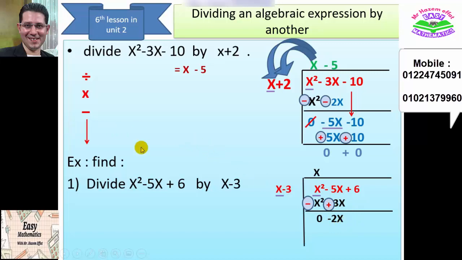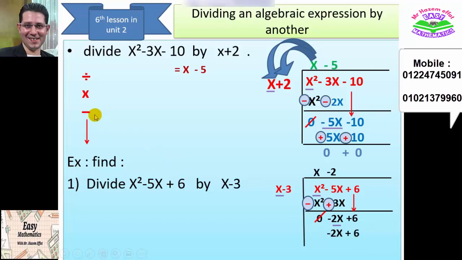Now, bring down positive 6 and cancel 0. It will be negative 2x plus 6. By doing the same steps again, we divide negative 2x by x, and it equals negative 2. By multiplying negative 2 by each one, it equals negative 2x plus 6.